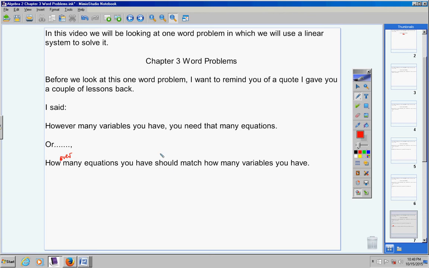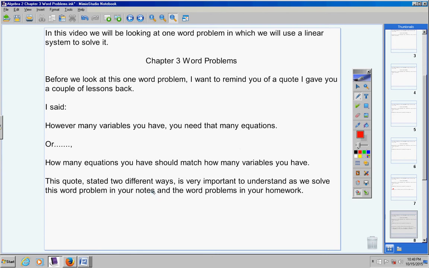So you can say it both ways. However many variables you have, you should have that many equations, or however many equations you have, you should have that many variables. Okay?